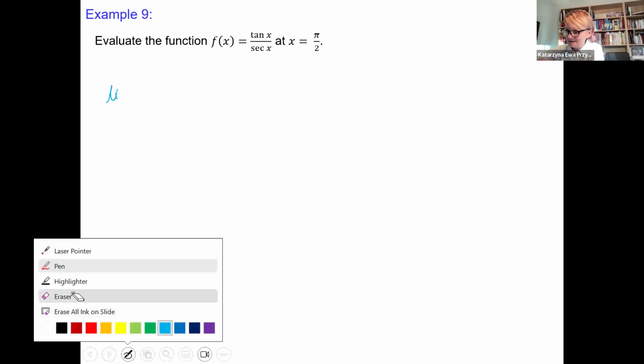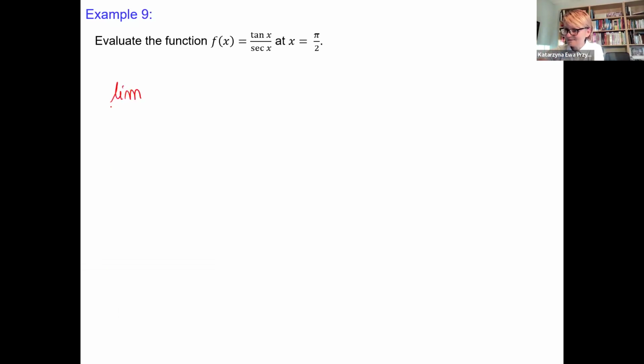Oh, blue. No, let's use red. Red is a nice color for learning. Okay, limit and then tangent of x over secant of x. Actually, what is tangent of x at pi over 2? Oh, that's interesting.